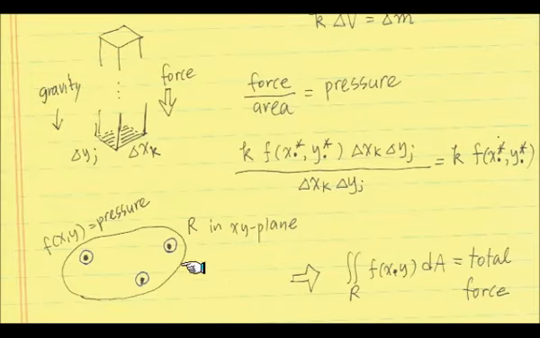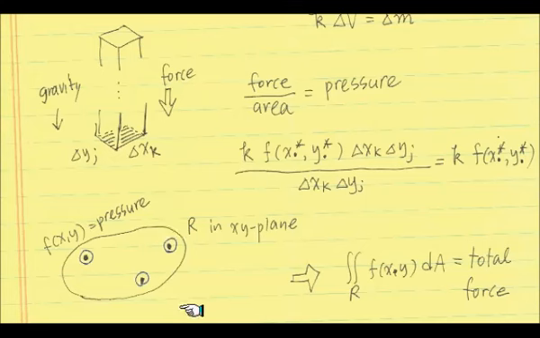So here's everything together. Let's say the region R down there is not a rectangular region like we have considered before, but suppose we have R, and at each point we have a pressure. The f of xy itself is really the pressure.